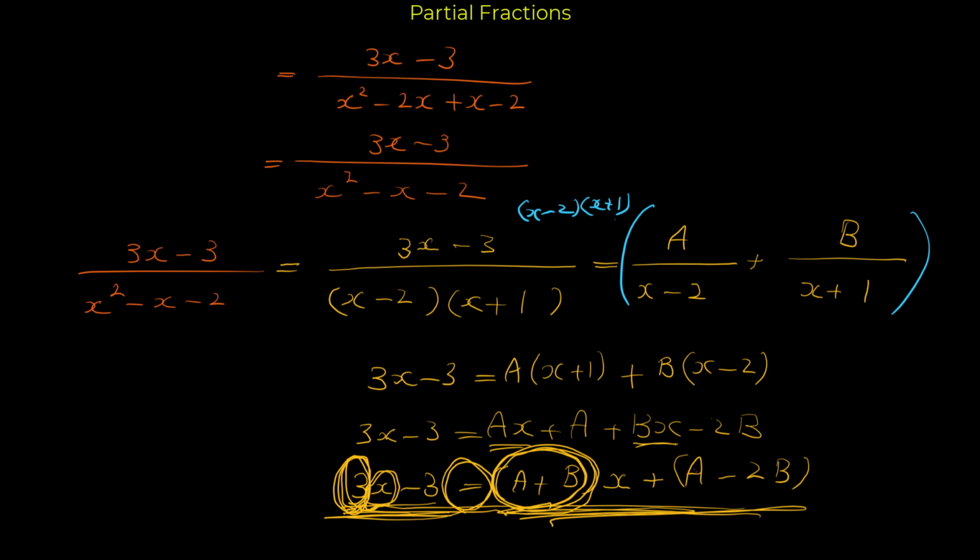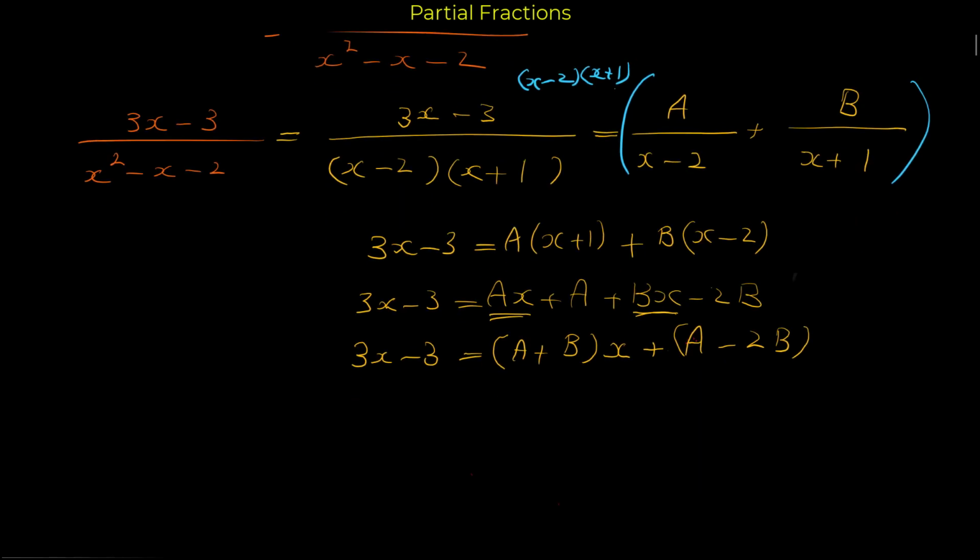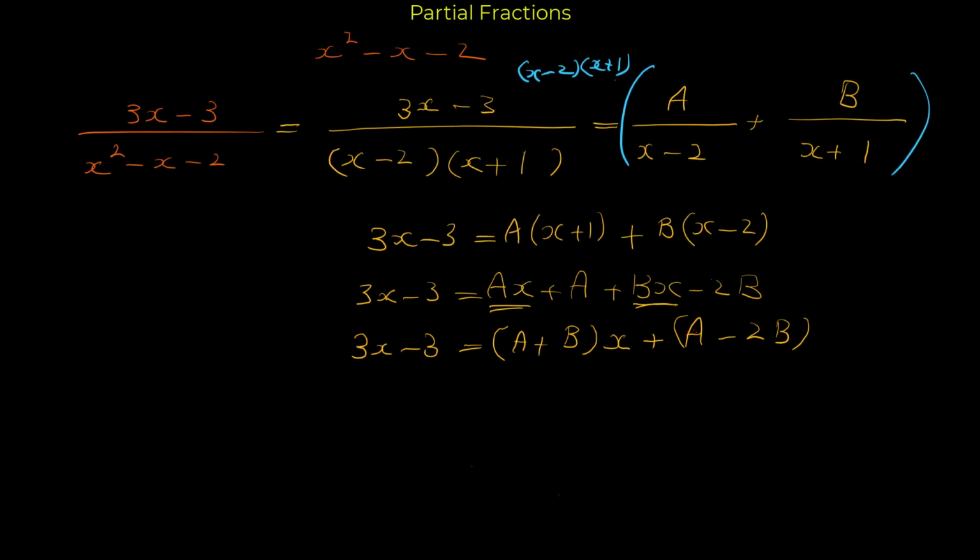If two things are equal, it means that everything in the left side and everything in the right side should be the same. So the coefficient of x in the left side and the coefficient of x in the right side should be equal. So we have this: a plus b should equal 3.